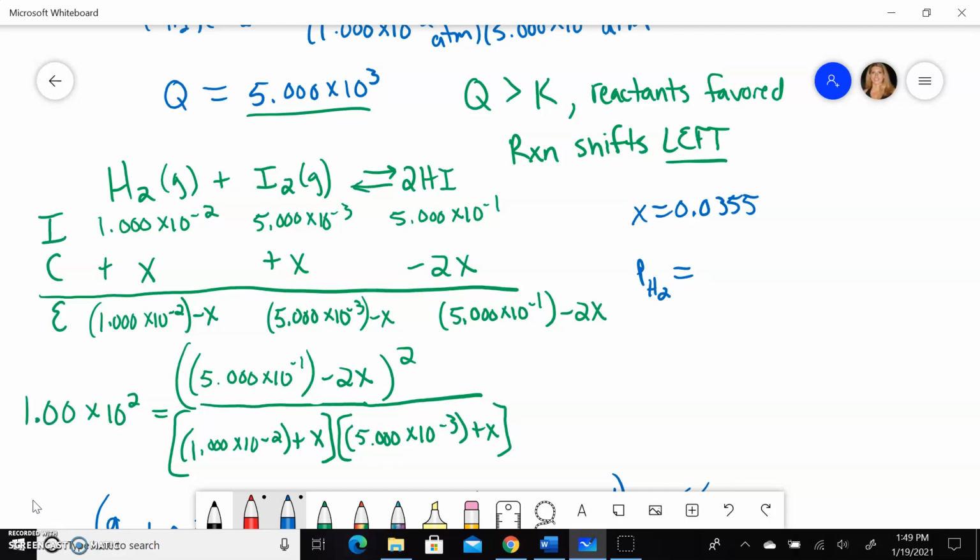And when you plug that in, you're going to plug it into all three places. So here, here, and here. And that will give you your equilibrium amounts.